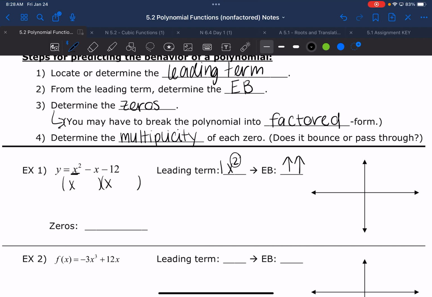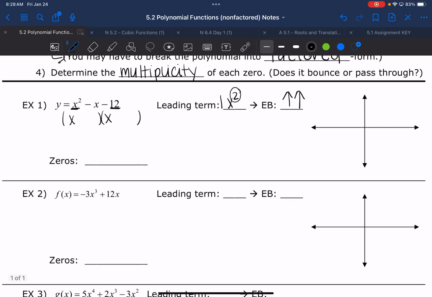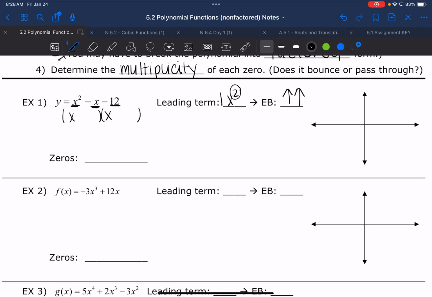And then when we're trying to decide what to put at the end of the parentheses, we look at our last term, which is negative 12. And since there's no lead coefficient, we know it also has to add to give us this middle term, the understood negative 1.